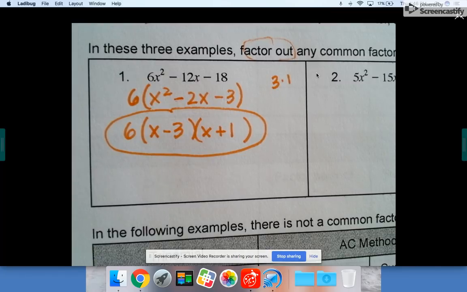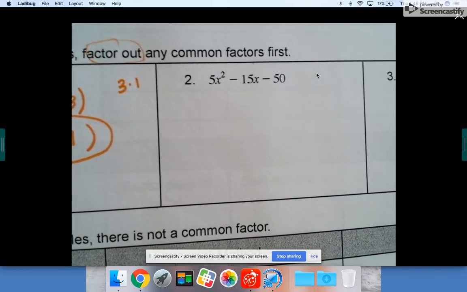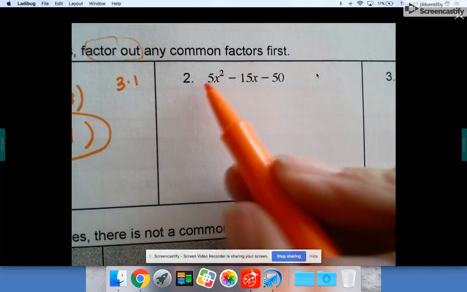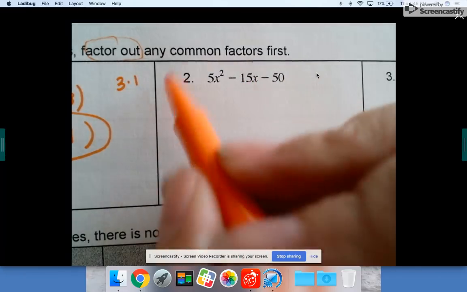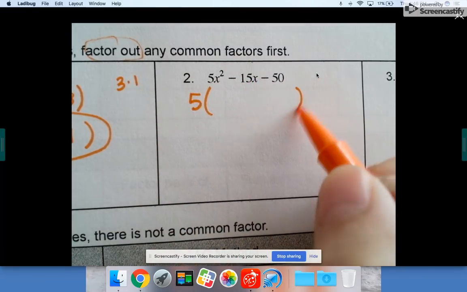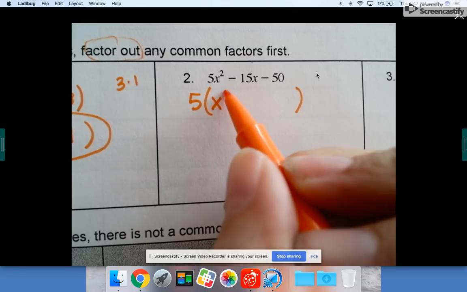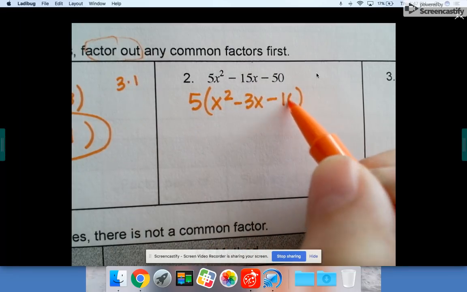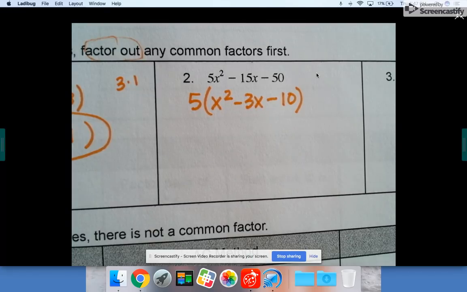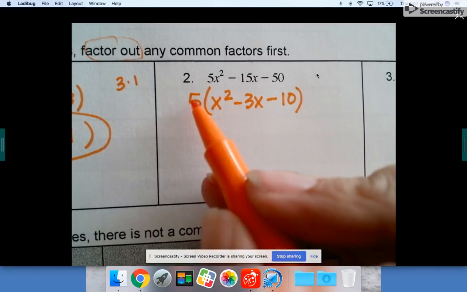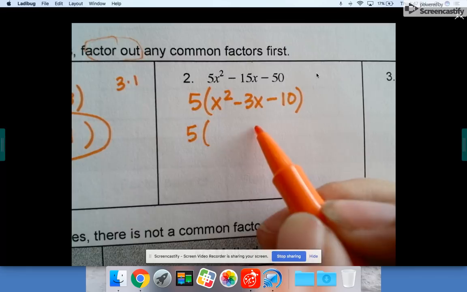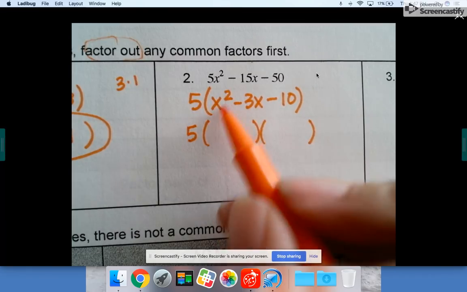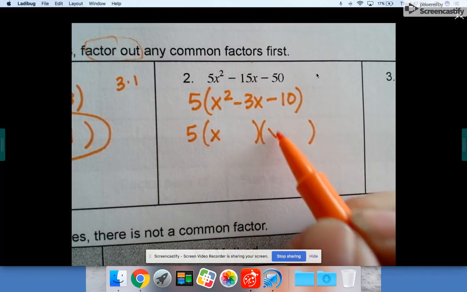All right. On number 2, we can factor out a 5. So pull out that 5, and that would leave x squared minus 3x minus 10. And then we are going to factor, ignoring the 5 that's out front, just the rest of it. So x squared would mean x's.